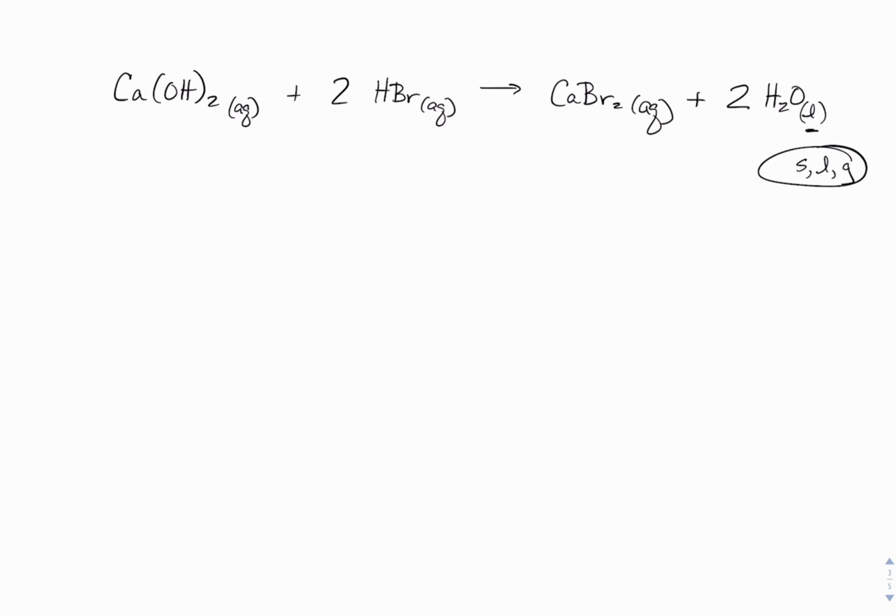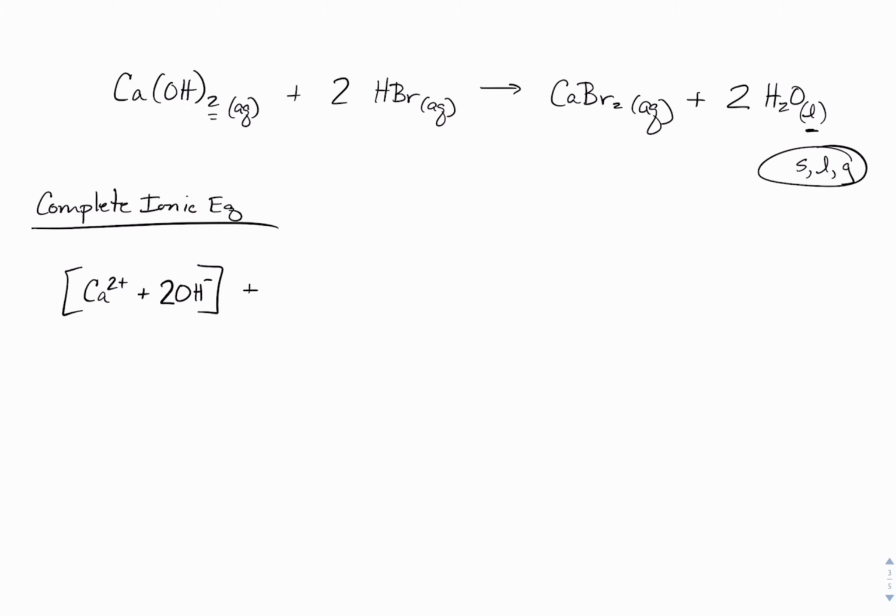So again, what we're going to do is our complete ionic equation. And so we're going to take calcium hydroxide first. That means we're going to take a calcium 2 plus and write that with OH minus. That's a hydroxide polyatomic ion. You'll have 2 of those because of the 2 subscript here, bracket.